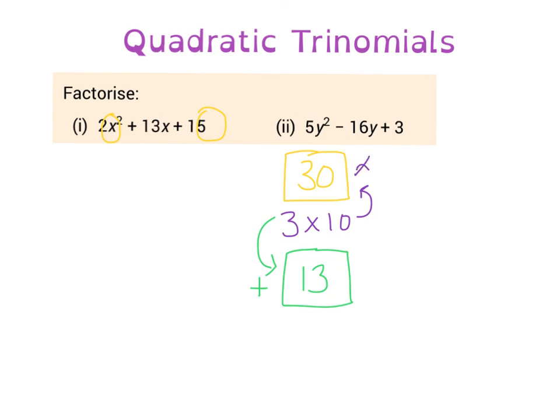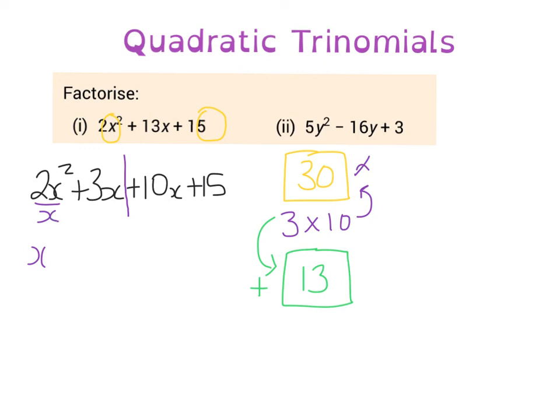So I simply rewrite my quadratic. I have 2x squared, and I put in a 3x and a 10x and 15. And I now simply split it down the middle and solve. What I have common here is x, and when I divide by x on both sides, I'm left with 2x plus 3.